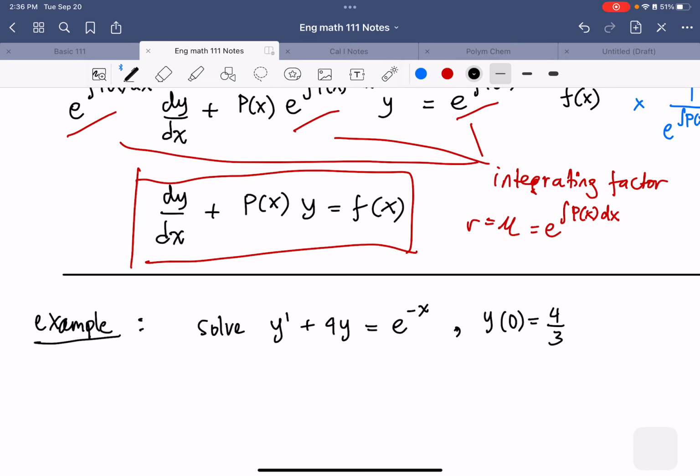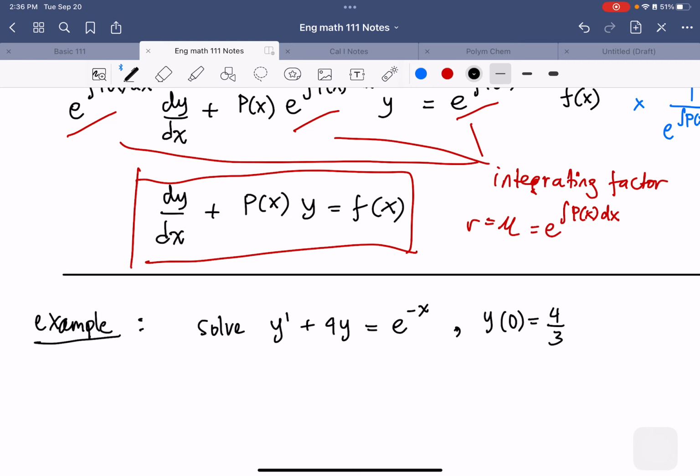Okay. Now the first thing is to remember the linear form, which is dy over dx plus p of x times y equals some function of x, or g, or f, any function of x. So this is dy over dx, already matched with our standard form.